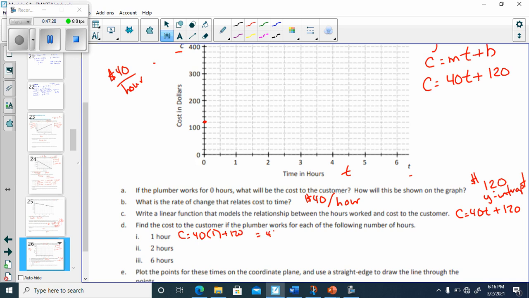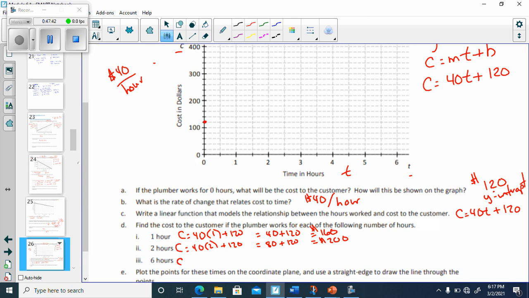That would be 40 plus 120, which is $160. 2 hours. C is equal to 40 times 2 plus 120. 40 times 2 is 80 plus 120 gives me $200.